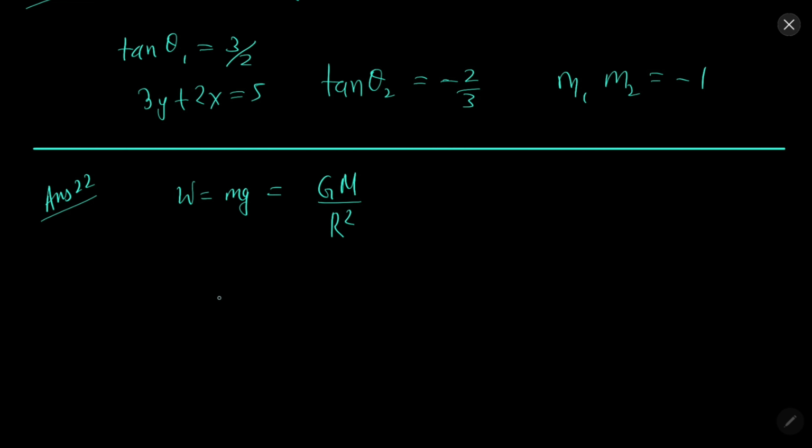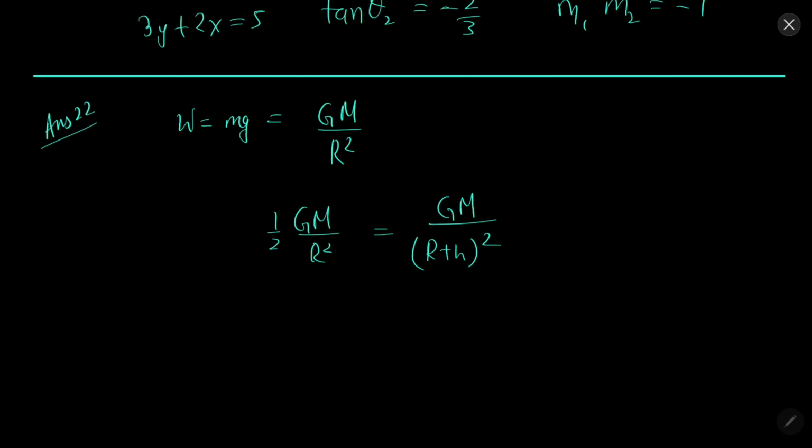So now we want this to become half, and we need to find at which height this will happen, so r plus h. From this you can easily find that h will be equal to root 2r minus r, or r root 2 minus 1.